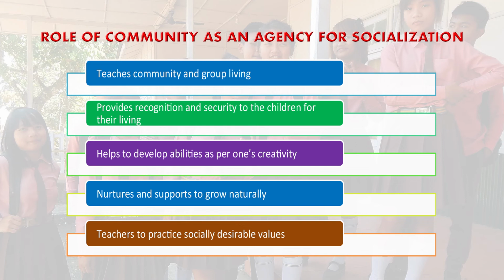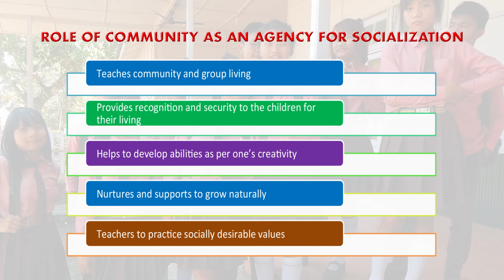I have already said that the family provides identity, recognition and security to the child, and at the same time society also provides identity, recognition and security to the child. You are easily accepted by the society because the society recognizes your family, and at the same time they recognize the members of the family and they also recognize you.